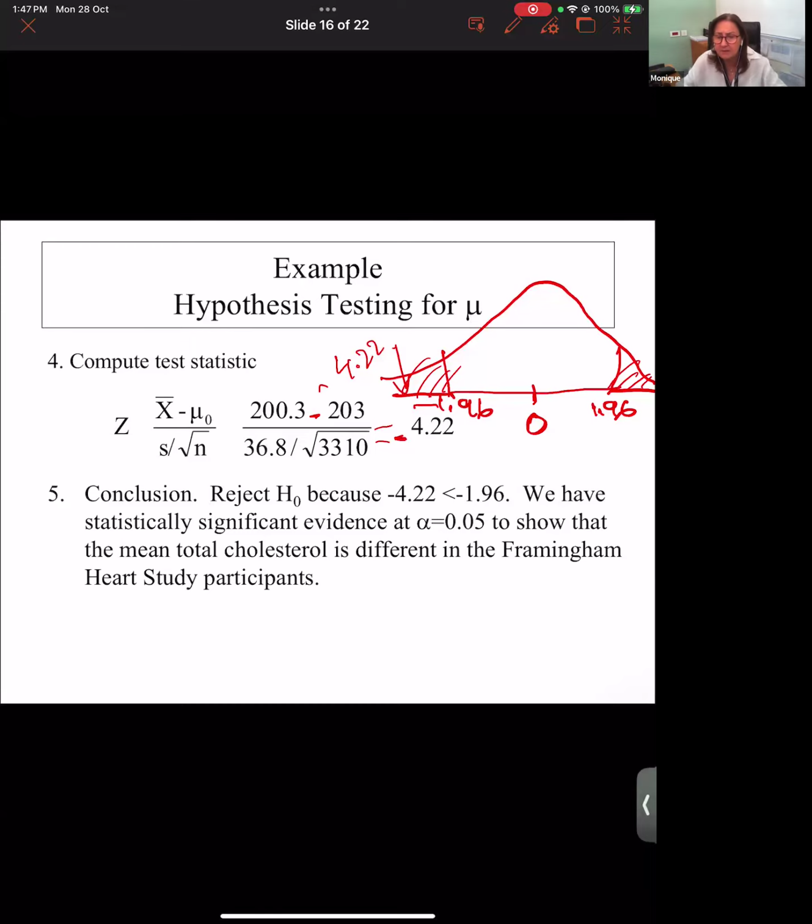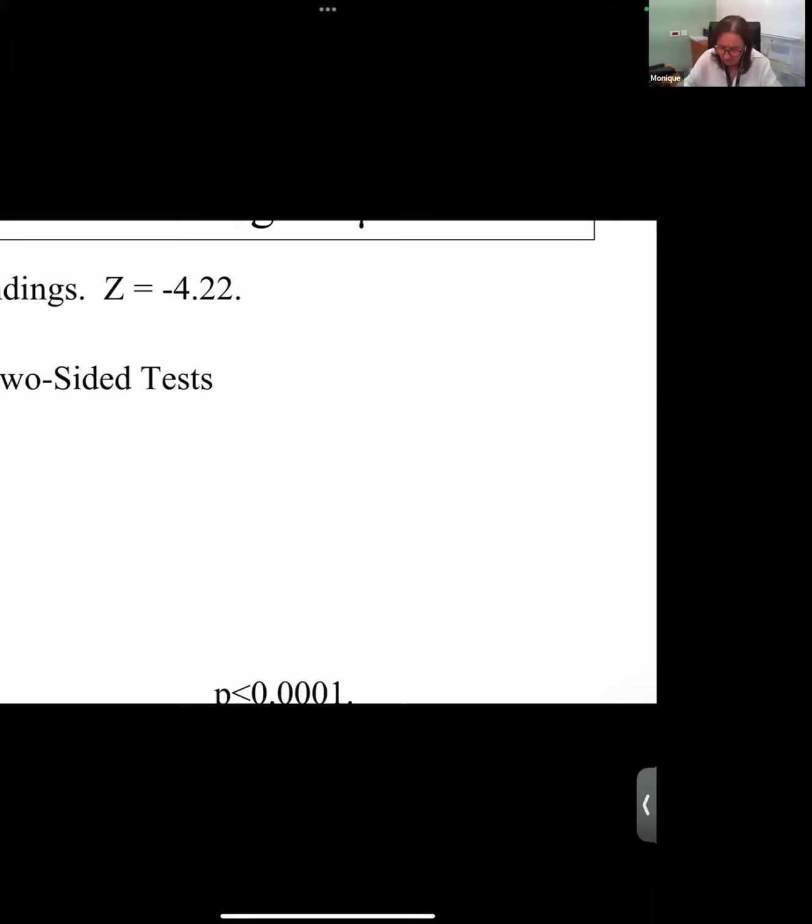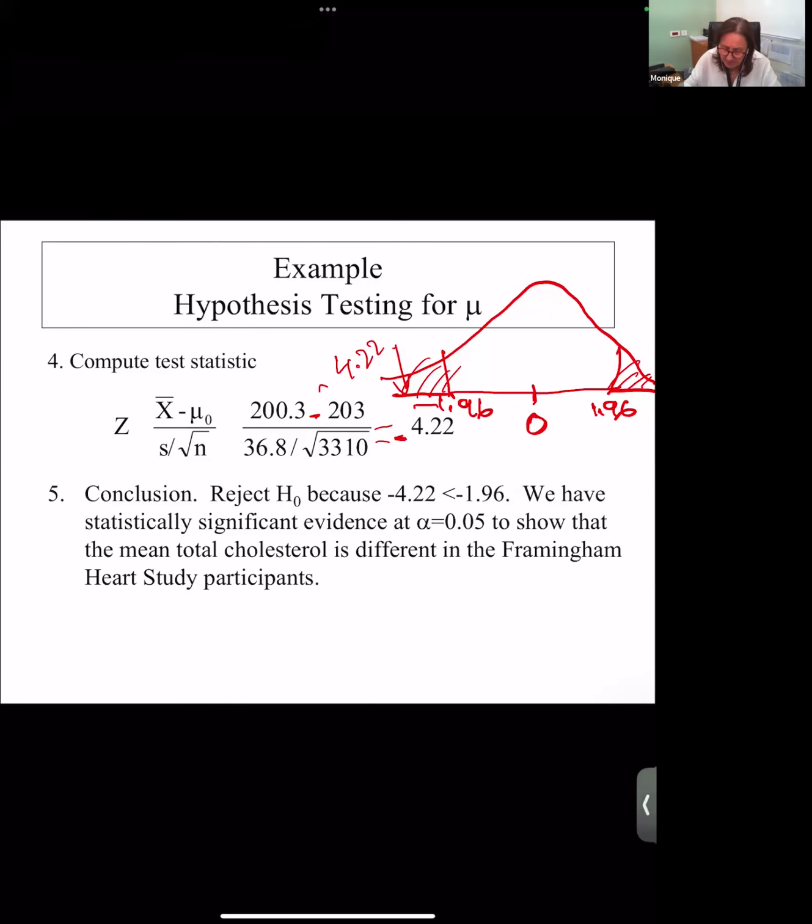How significant is this result? What's the probability associated with minus 4.22? If you look at the Z, what's the probability of Z less than minus 4.22, in your opinion? Is it less than 2.5%? This area.